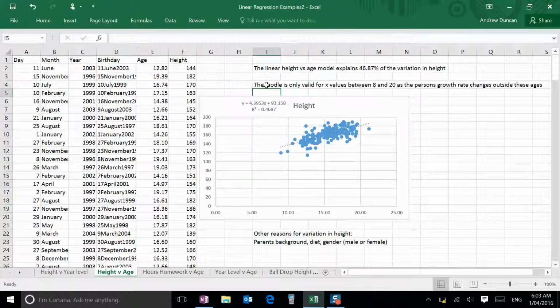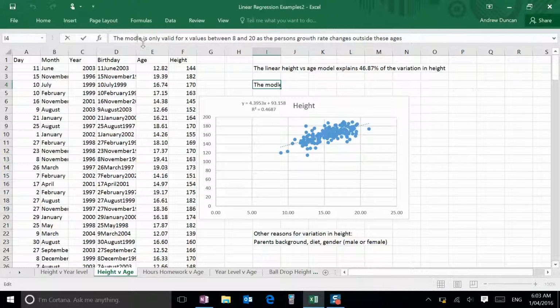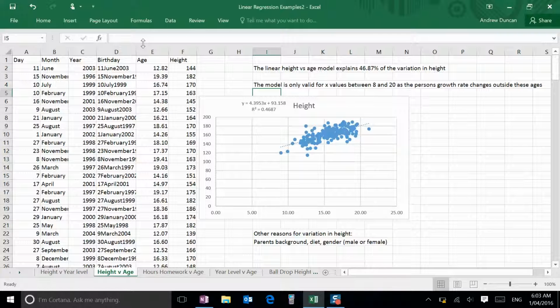So it's really important to think about your domain in all of these curve fitting problems. And just think about the R-squared value being an indication of how well this linear model explains the variation in the data. It's probably the key language we want you to use.